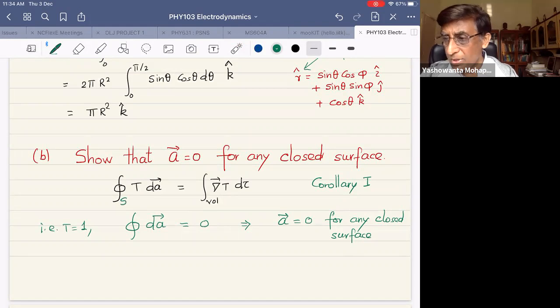Now what is required is the left side with T equal to 1. Then this is what I want to show. And of course the gradient of a constant 1 is 0. So from the first corollary, the integral of dA is equal to 0 for any closed surface. One line proof. All right.